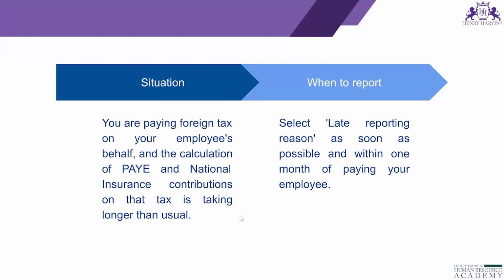This means the employee is working in another location and you are still paying them from your UK payroll, and you have to consider some taxes, due to which the calculation takes longer because you have to see how to report it. In this case, you can select the late reporting reason, and within 1 month of paying your employee, you have to send the FPS.